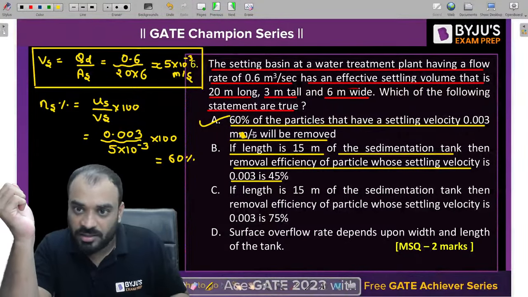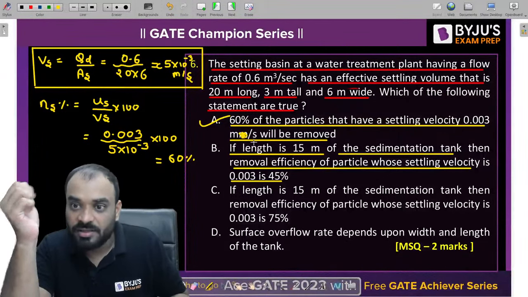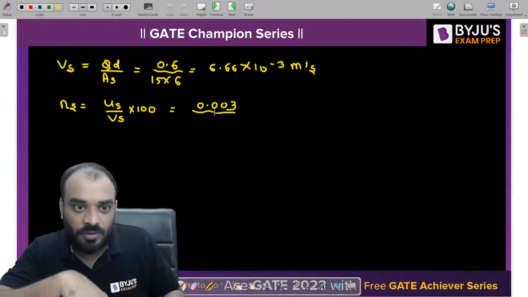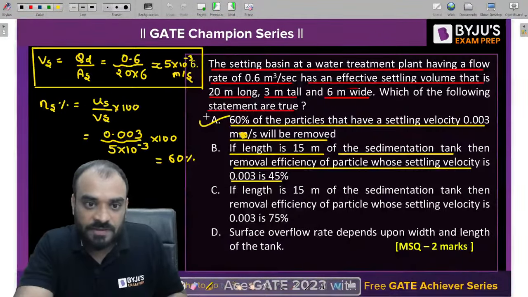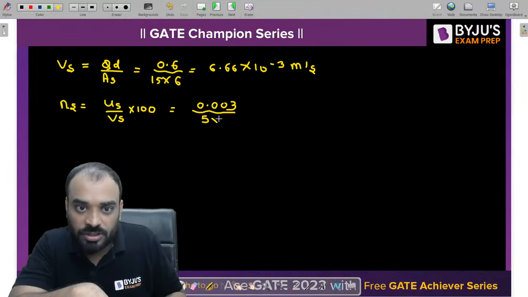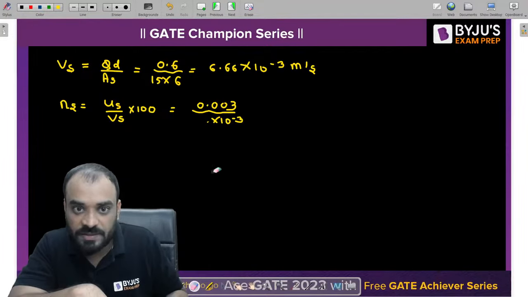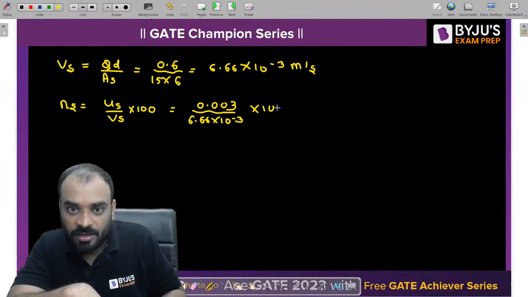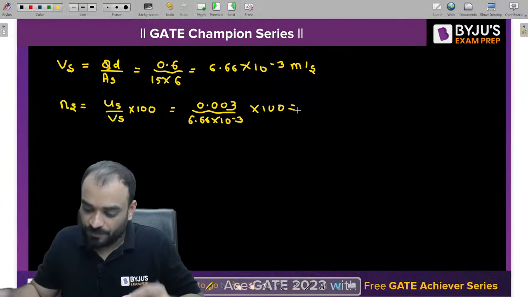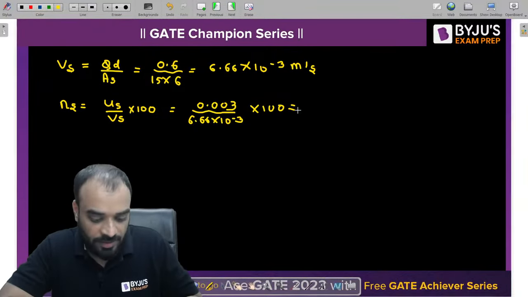I think this is a typo error. Please consider this value as being in meter per second. Okay, so next, it is not 5 into 10 raised to power minus 3, it is 6.66 multiplied by 100. Okay. Tell me, guys, how much it is.